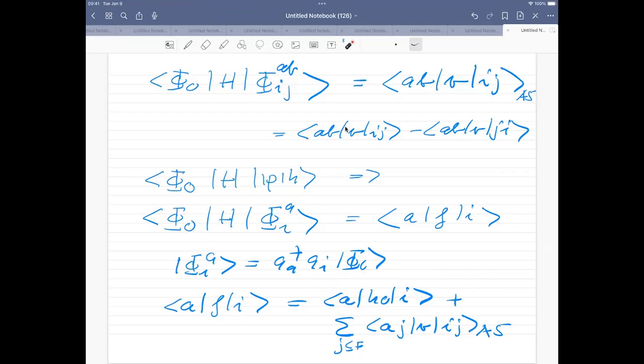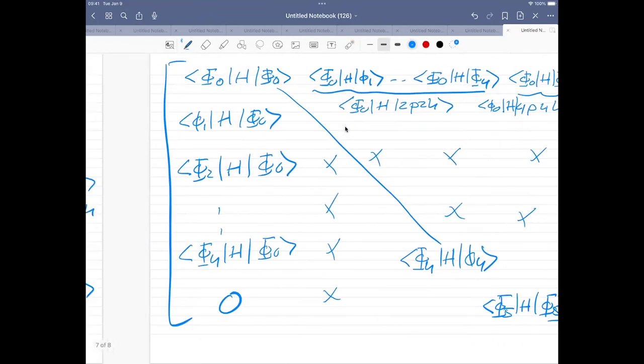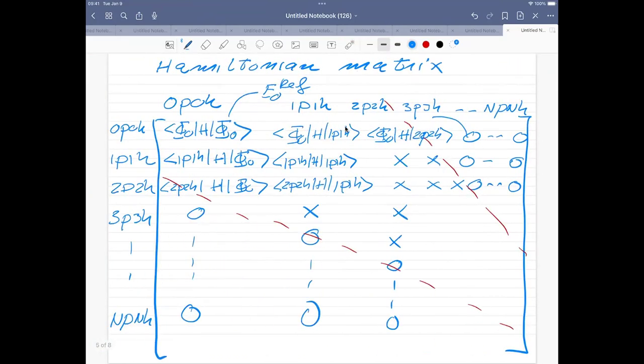Now we're going to do something a little bit strange. And this is still a part of a repetition from last time. If we now go back to the Hamiltonian matrix, the general one which we have here, if you look at this specific row here, that specific row is nothing but us taking the states which are being acted upon by H. So this is actually the first column, if you think of that one like this.